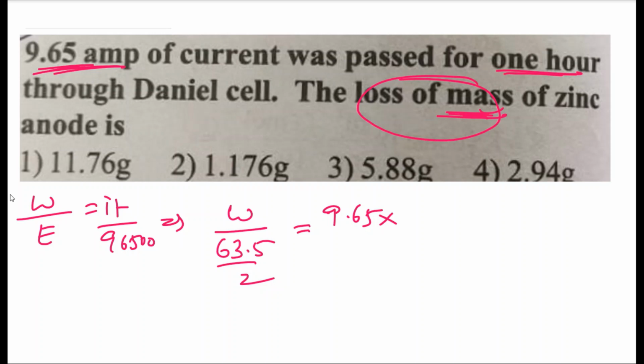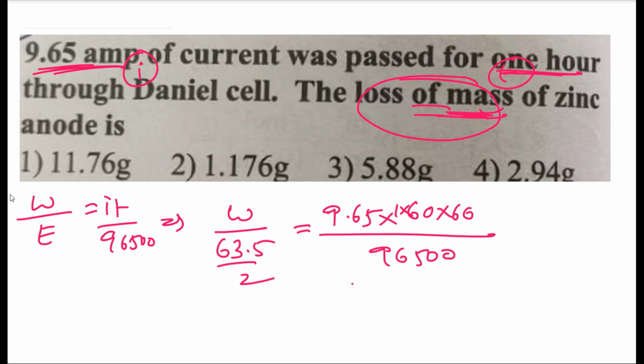Obviously, 1 hour means you have to take time in seconds, so 1 into 60 into 60. So 9.65 into 1 into 60 into 60 by 96,500. Finally you get W as 11.43, so approximately 11, the first option is the correct answer.